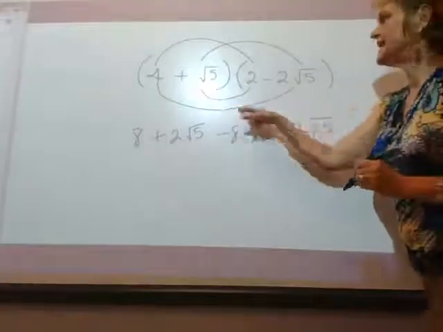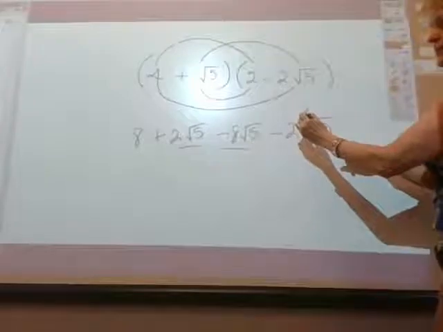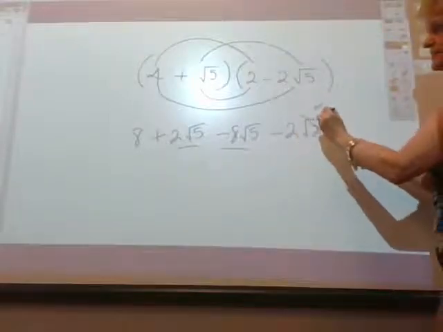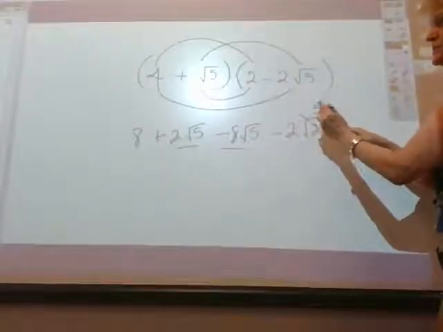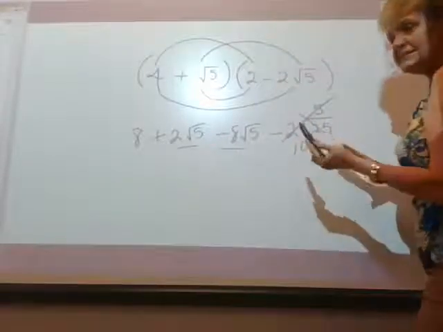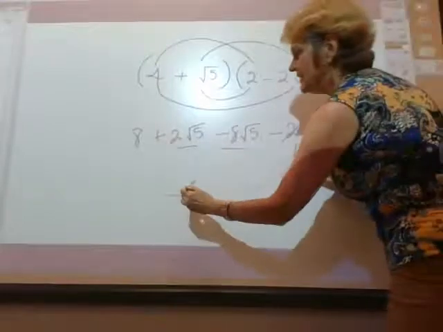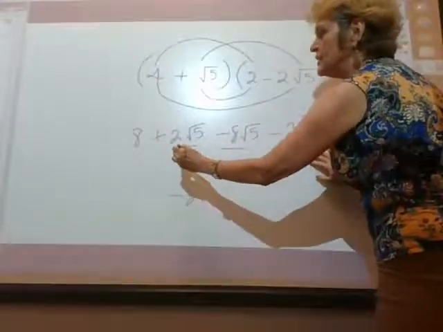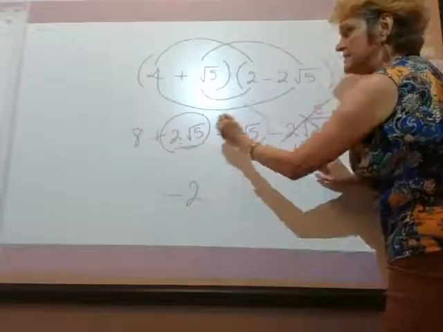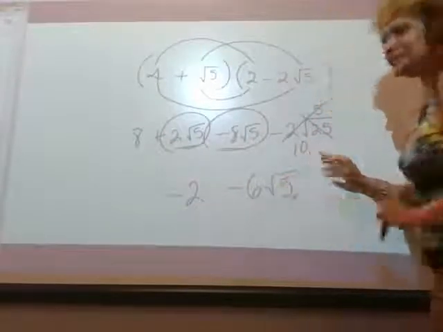Hope everybody sees that. Okay. All right, so these are like, and we could simplify this. So 2 times 5 is 10, right? All right, so 8 minus 10 is a negative 2. 2 radical 5s minus 8 radical 5s would be negative 6 radical 5.